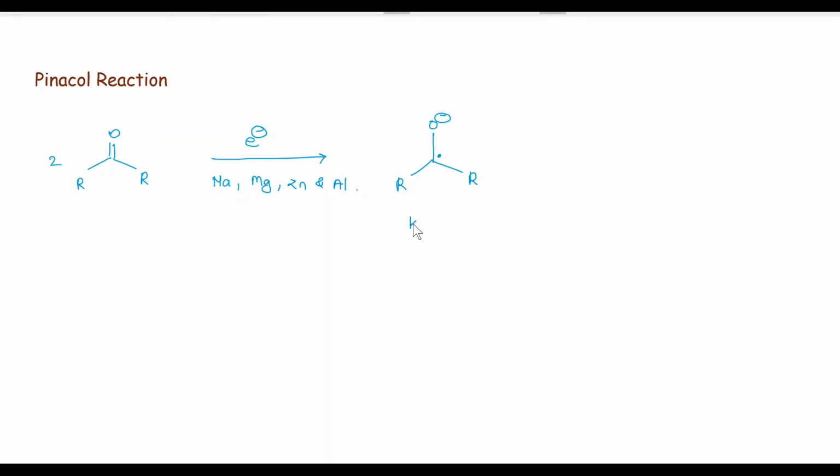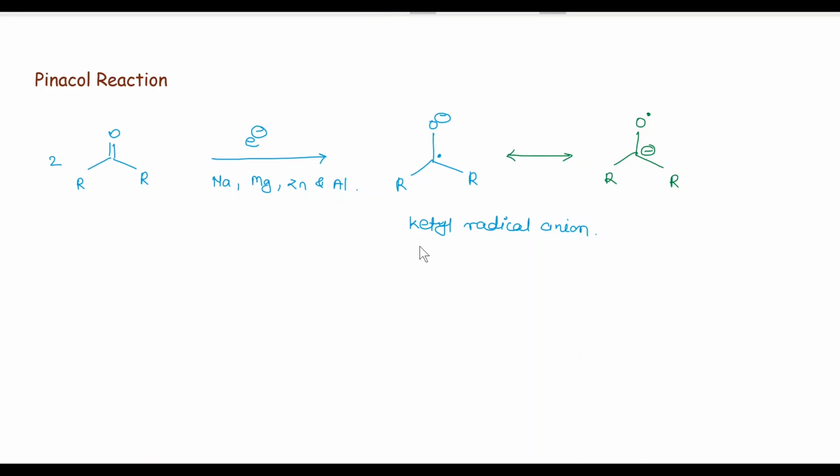This is called as ketyl radical anion. The resonating form of this ketyl radical anion is written like that. Here oxygen radical and here negative charge.